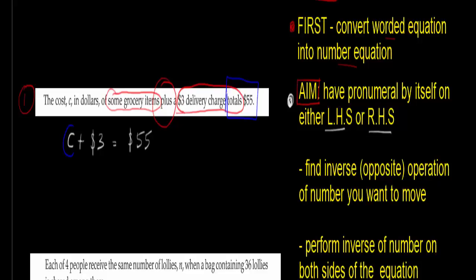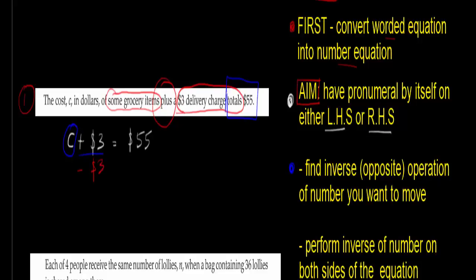The C is what we try to have by itself by the end. Now the way we do that is we find the inverse of whatever we're trying to remove. Remember, we're trying to remove the plus 3 over here. So what's the inverse of plus 3? Well, that would be the opposite, so inverse the opposite. That would be minus 3.